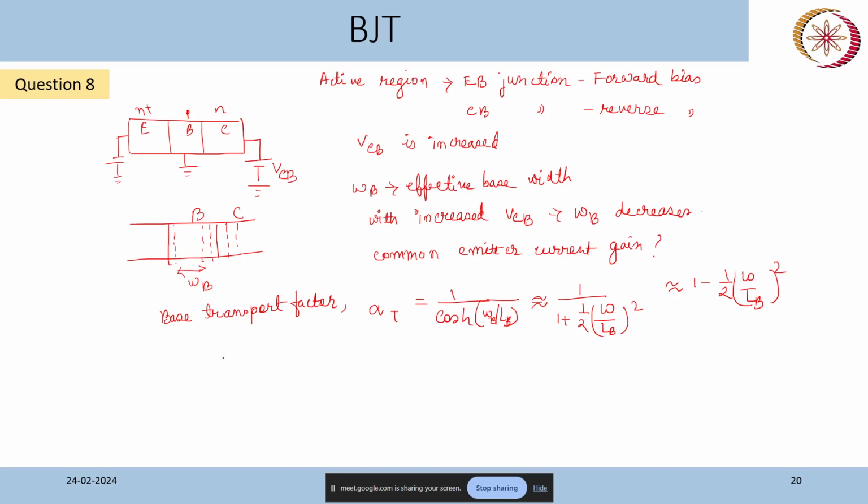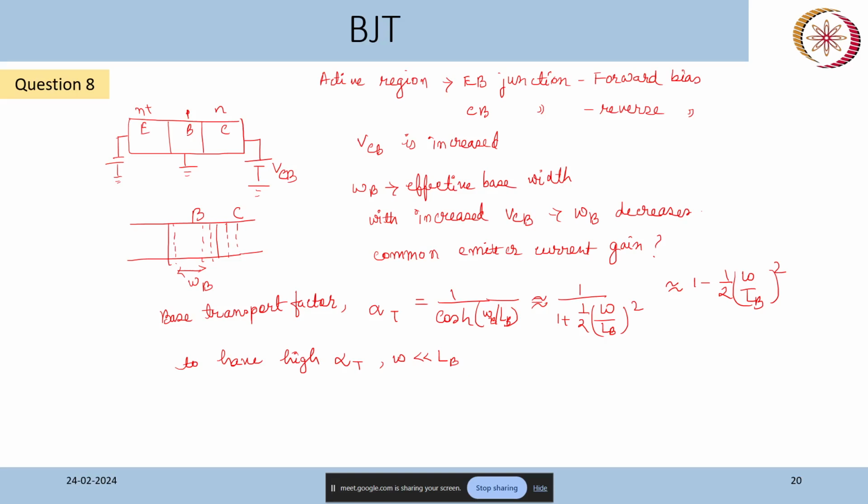Now to have a high alpha t, W should be very much less than LB, that is the diffusion length of the carriers. So it is an NPN transistor, so that will be the diffusion length of the electrons in the base region.